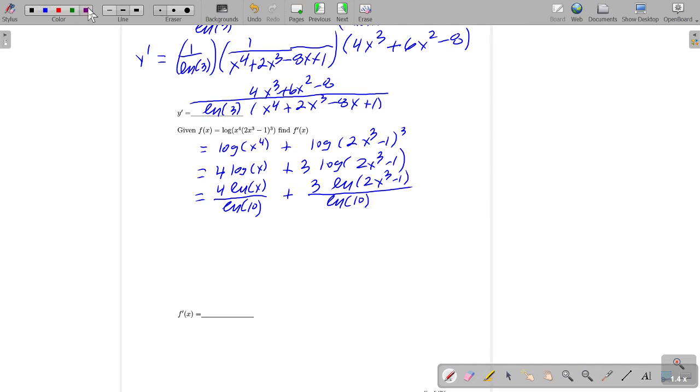So this right here and this right here is a constant, so they'll be able to come out front.